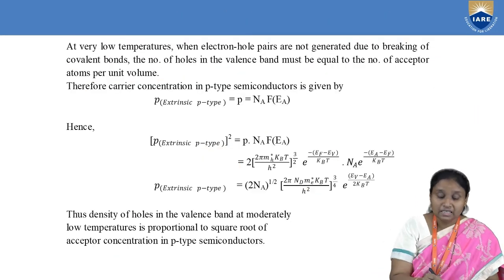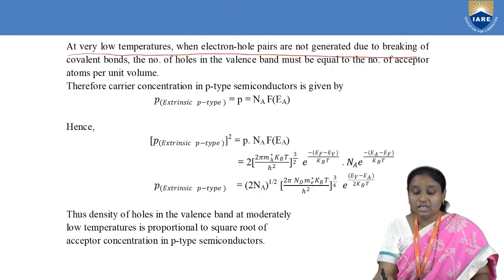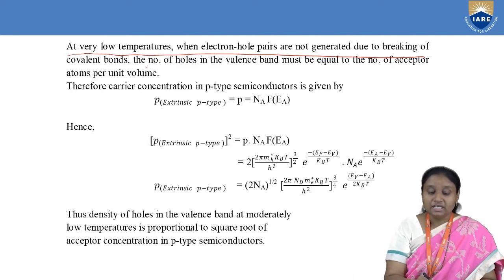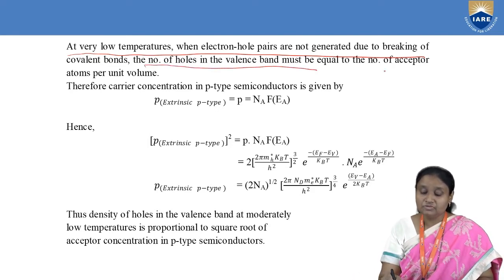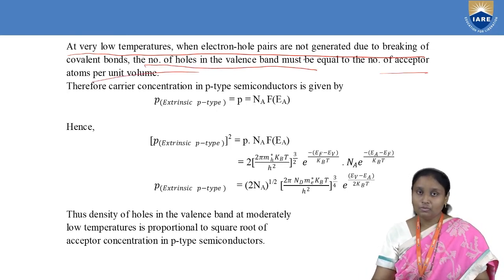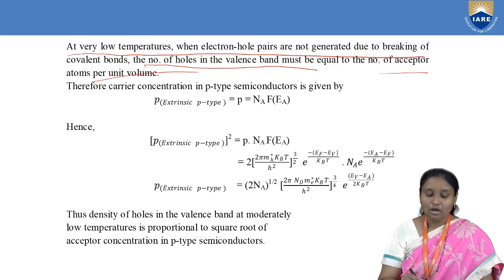So what we are saying here is, at very low temperature, electron-hole pairs are not generated by breaking of covalent bonds. So density of holes in the valence band will be equal to density of ionized acceptors. Now how is carrier concentration in p-type semiconductors given? What is the notation?